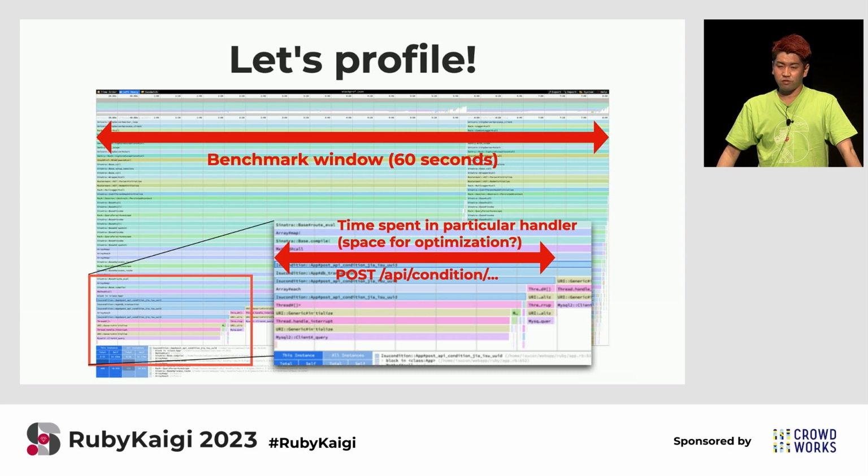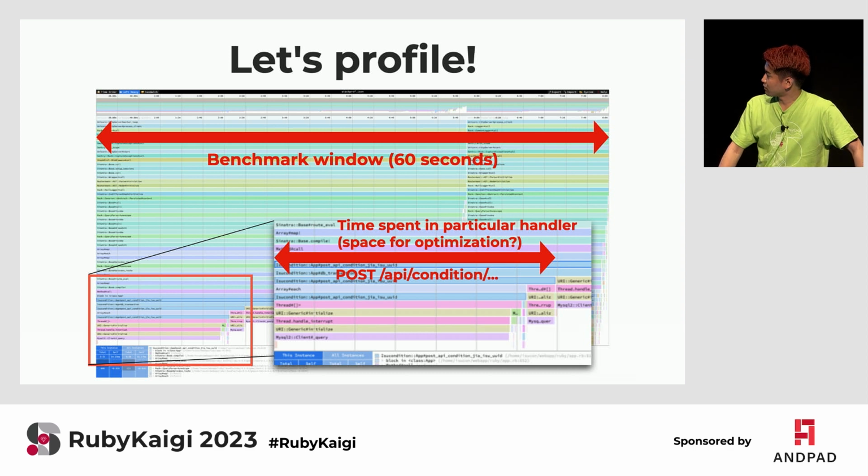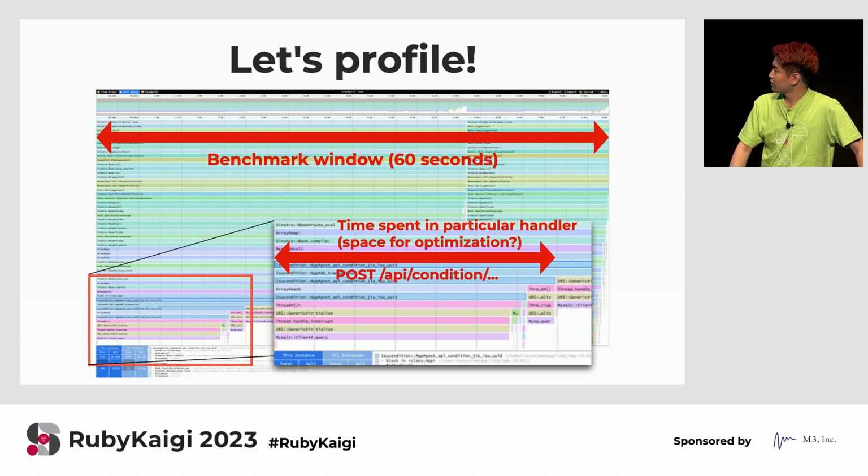Each bar represents a function, and if a bar is longer, it means it's spending a lot of time in the benchmark. I'm not sure if you can read this, but I've extracted one from here. It's a handler for the POST API condition, some kind of API. And we can see that its bar is quite long, so there might be room for optimization.